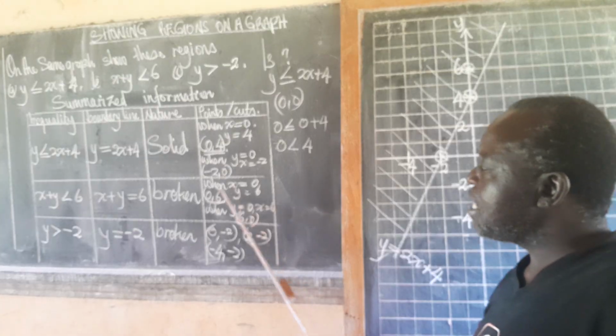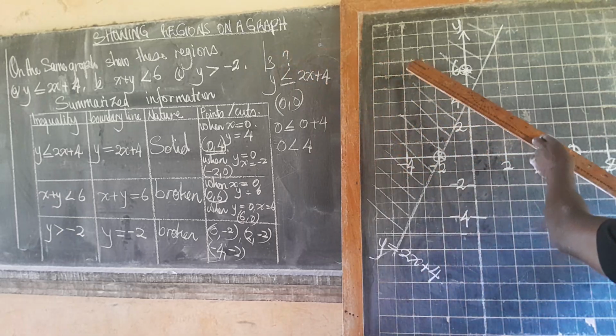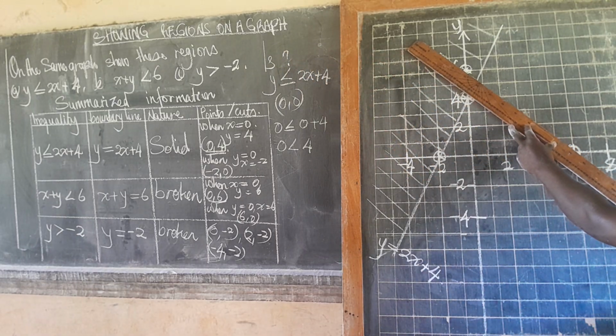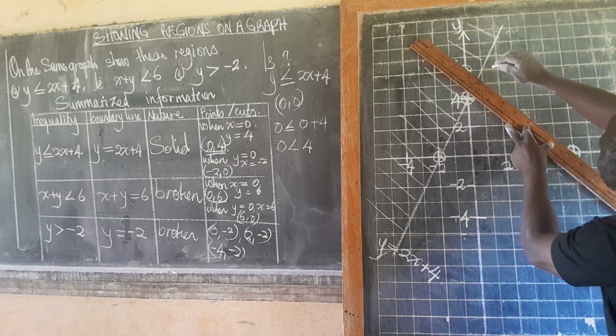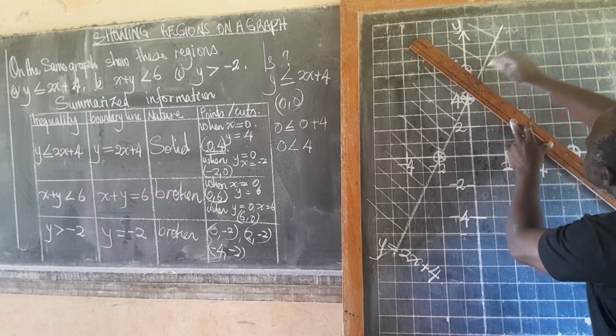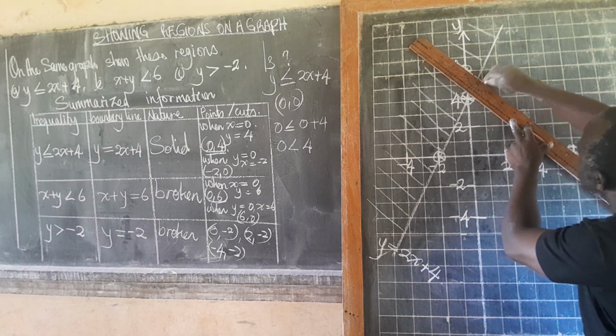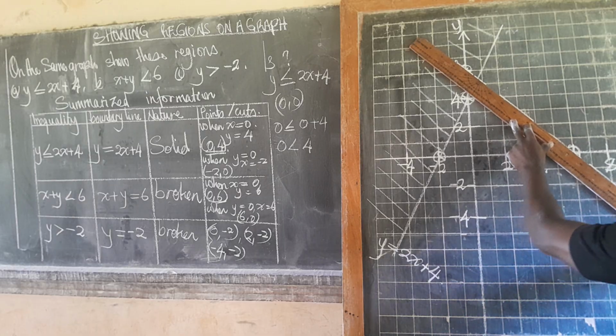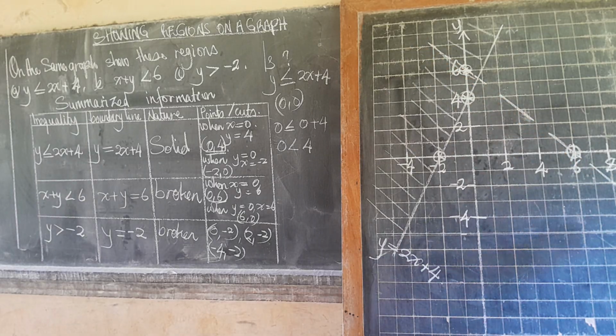What's the nature of the line? Broken. This is the broken line. The line is broken.